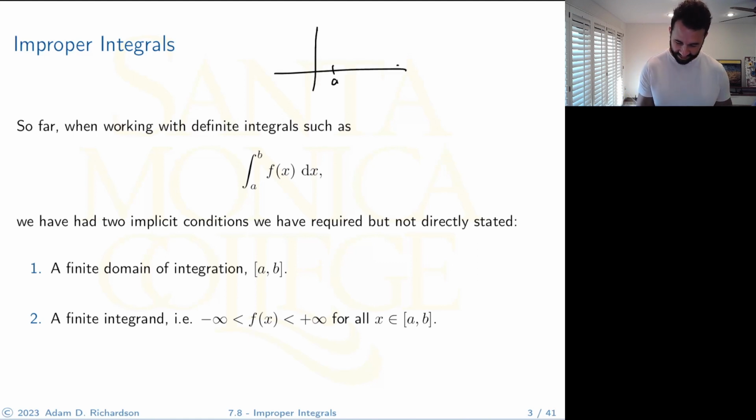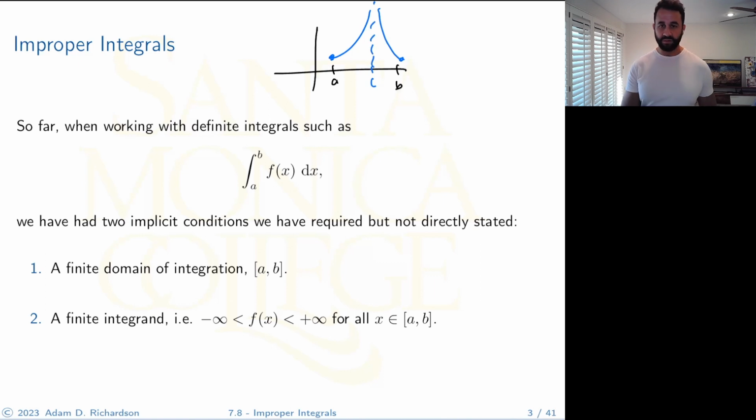If this is a and this is b, we have not looked at situations where our function might look like this. Maybe there's some point c where there's an infinite discontinuity, right? We've implicitly said you can't do that. And that's one of the examples we're going to work with today. We're going to explore how to deal with integrals of functions that have a discontinuity in that interval.